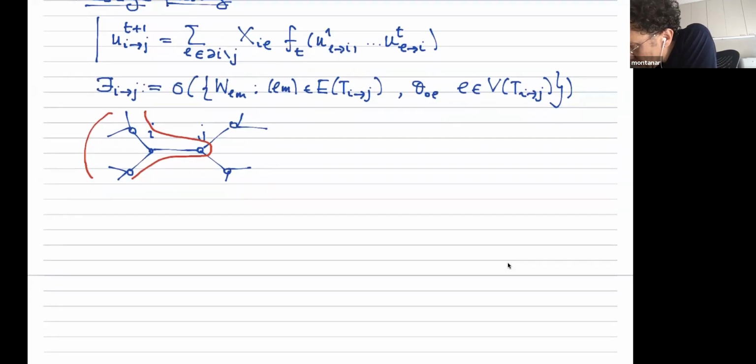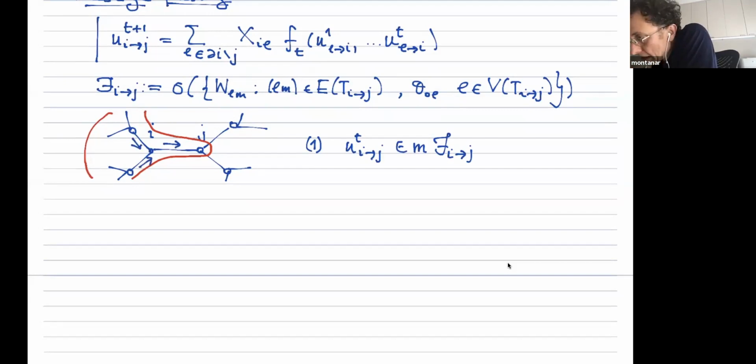And now one important remark is that u_t i to j is in the sigma algebra F_ij by construction. When I update this message, I use information coming from these two messages.